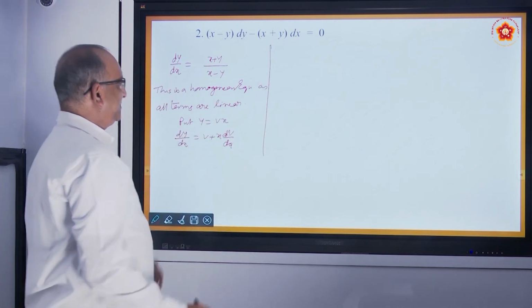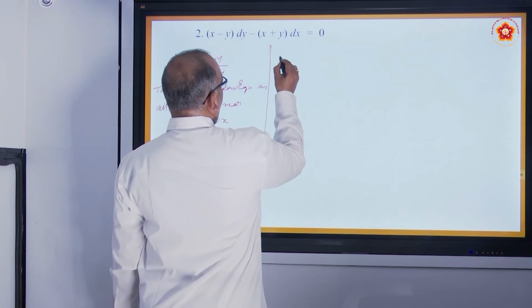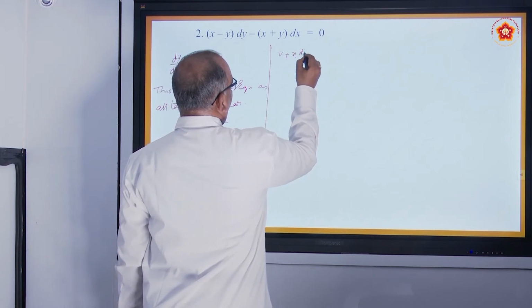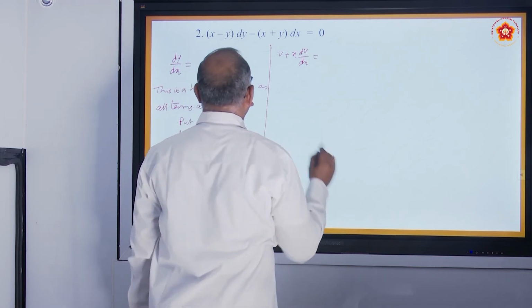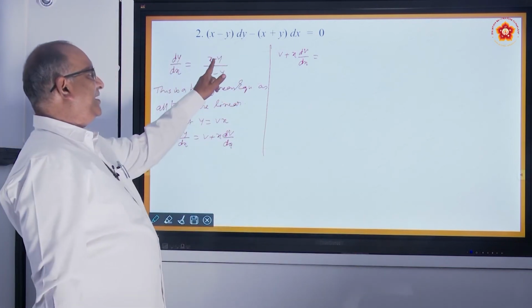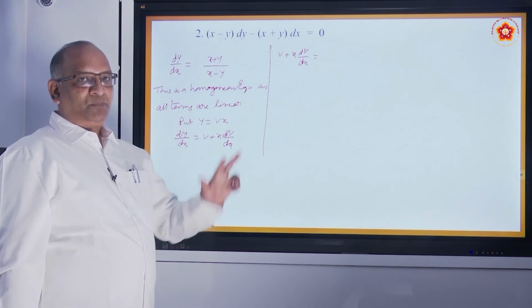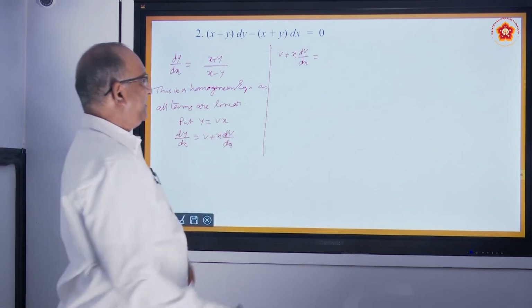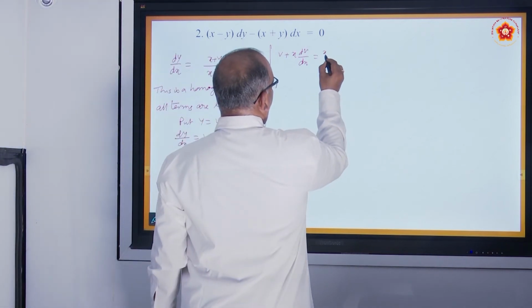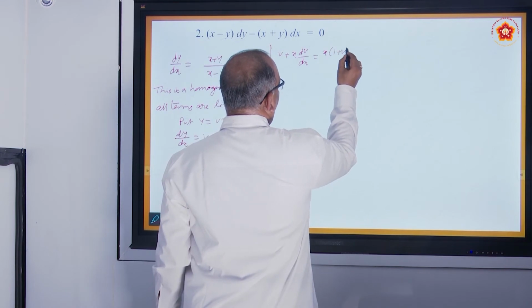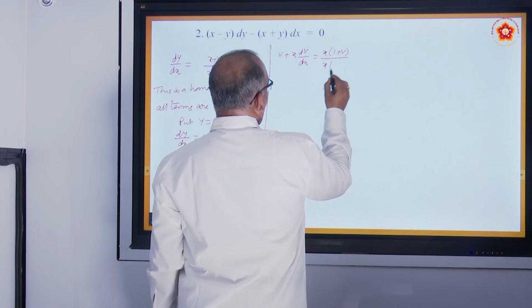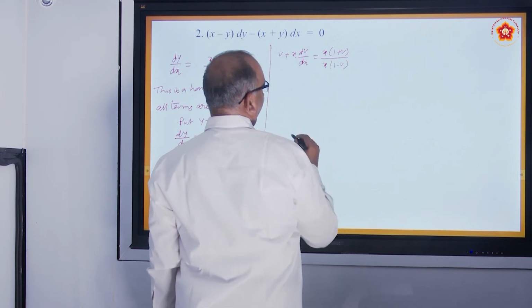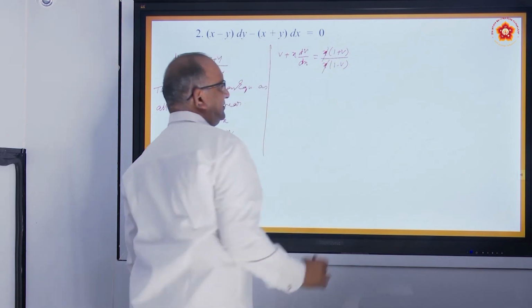Make this substitution in the equation, you will get v plus x dv by dx is equal to, when we substitute y equal to vx, both the terms have got x, so x can be taken out. You will have 1 plus v. In the denominator also you will get x common, you will get 1 minus v. This x can be cancelled.